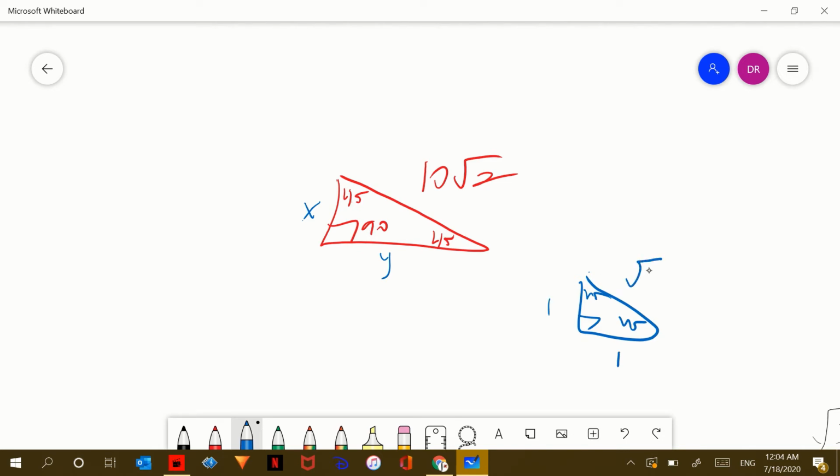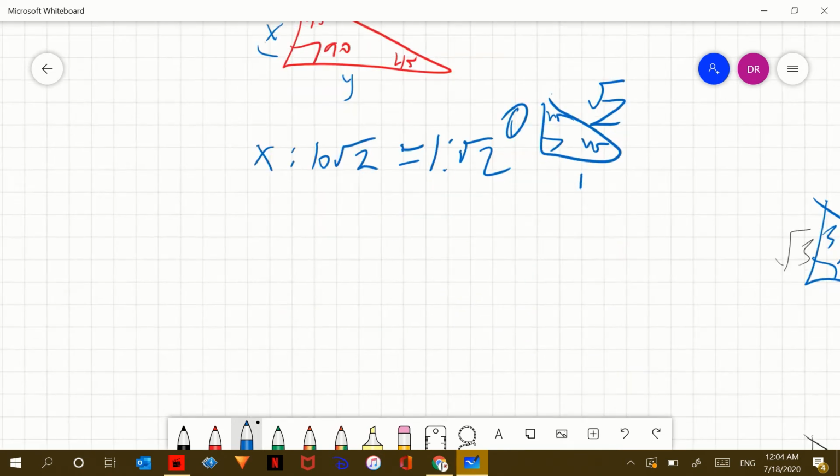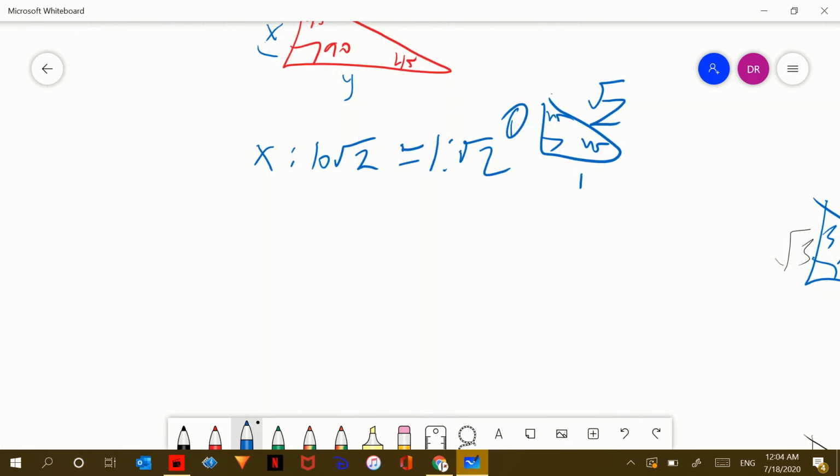So we write it out like this: x over 10 times square root of 2 is equal to the ratio of 1 to the square root of 2, because for every 1 of x, there's square root of 2 of 10 times the square root of 2. So we have x over 10 times the square root of 2 equaling 1 over the square root of 2.